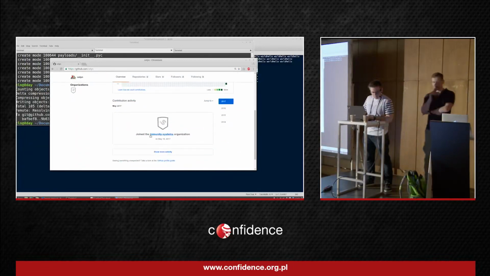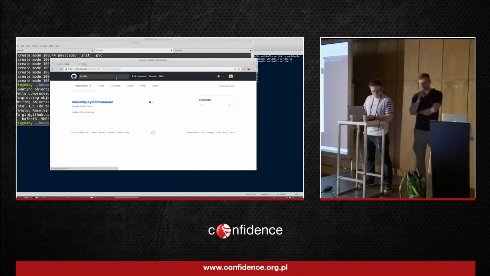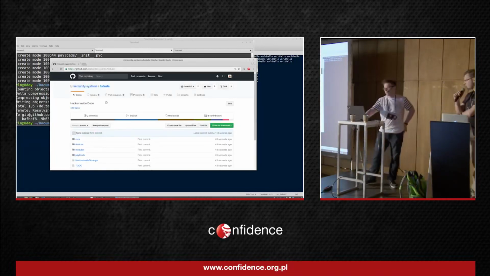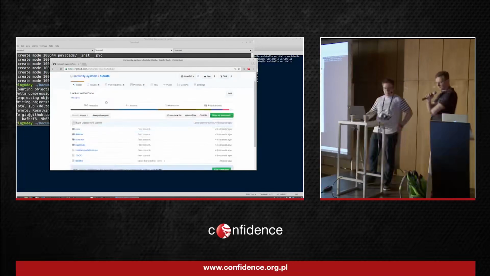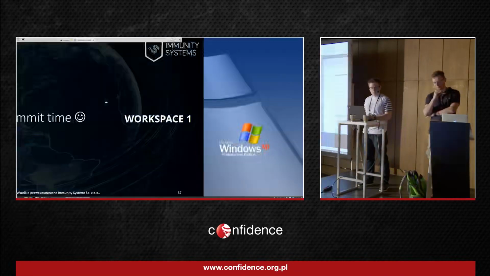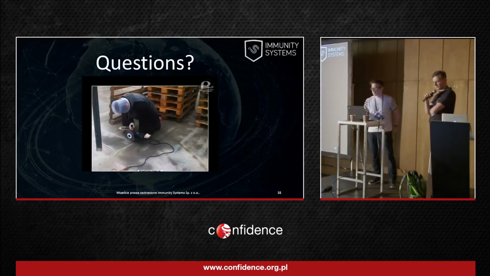So we hope that you will help us improving this. That's the address of the platform. There is code, firmware, etc., etc. Also the documentation, because we made some documentation. Any questions?